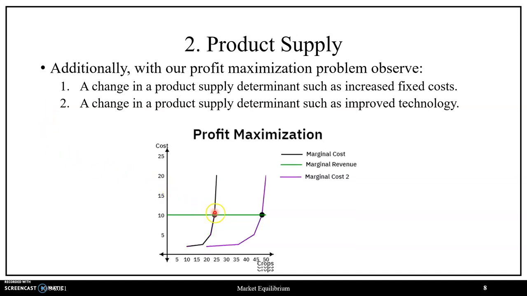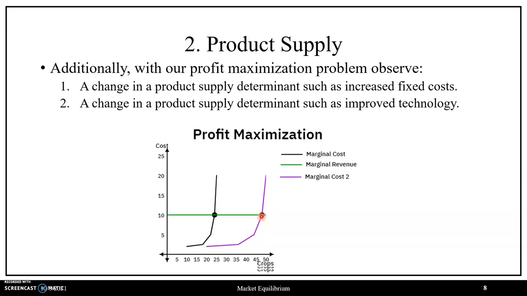Holding our marginal revenue curve constant, we have our initial marginal cost curve in black. With an improvement in production technology, we see a rightward shift in the marginal cost curve to this purple marginal cost curve 2, in which, holding price constant, the amount of output produced and sold has increased. So this establishes a change in supply for the marginal cost curve as well.